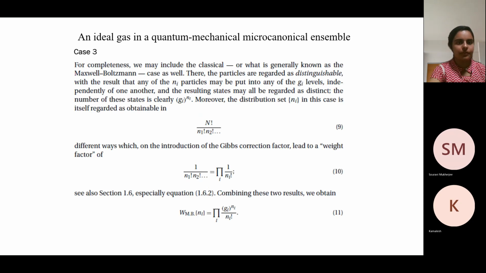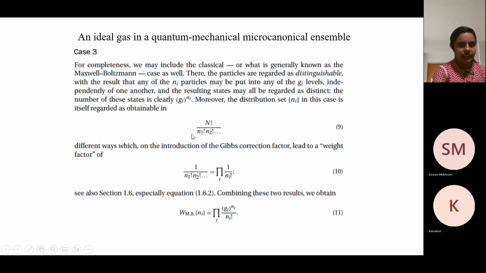And case 3 comes for the classical particles, where the particles are distinguishable. If you have N1 particles in energy level E1, N2 particles in energy level E2, and so on, and the total number of particles is N, how many ways can this grouping be done?